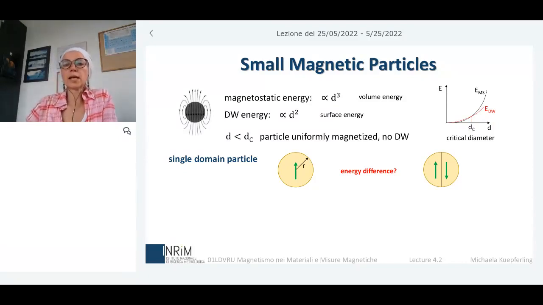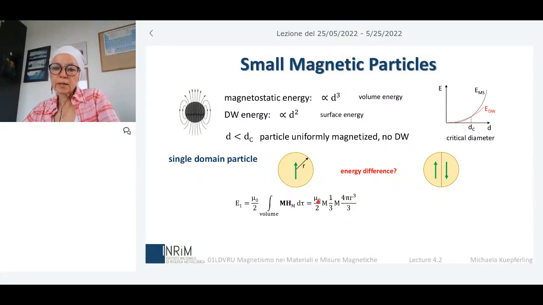And now we want to calculate this critical diameter, or critical radius, with a very simple picture. For this, we compare the two energies: the energy of a uniformly magnetized spherical particle, and the energy of a particle which is divided in two halves by a domain wall. For the uniformly magnetized particle, of course, you have to calculate the magnetostatic energy, and this is quite immediate.